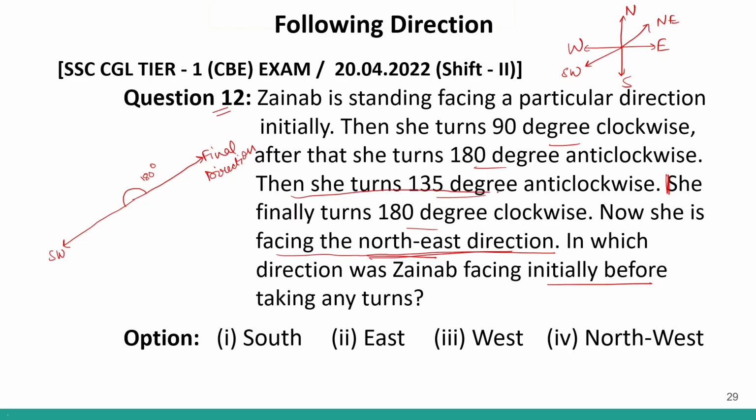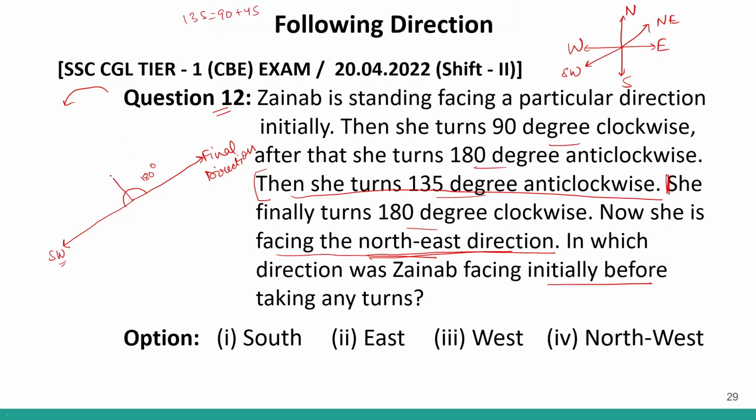Now, before that, she turned 135 degree anti-clockwise. So basically, to reach southwest, she turned 135 degrees anti-clockwise. Anti-clockwise is this direction, coming backwards. Imagine a clock and just reverse the direction. So we can write 135 degrees as 90 degree plus 45 degree.